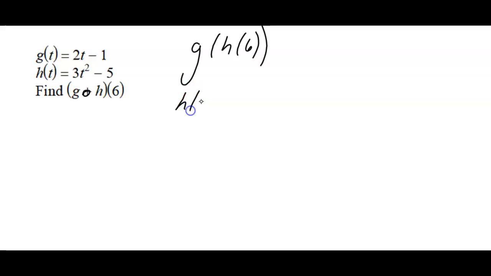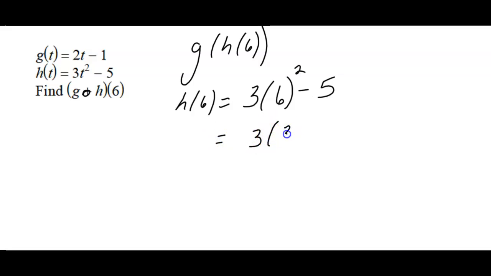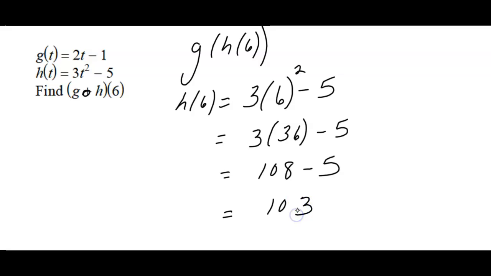So h of 6 means we take our h function, 3t squared minus 5, and you put the 6 in instead of t. So now we have 3 times 36 minus 5, which is 108 minus 5, which is 103.